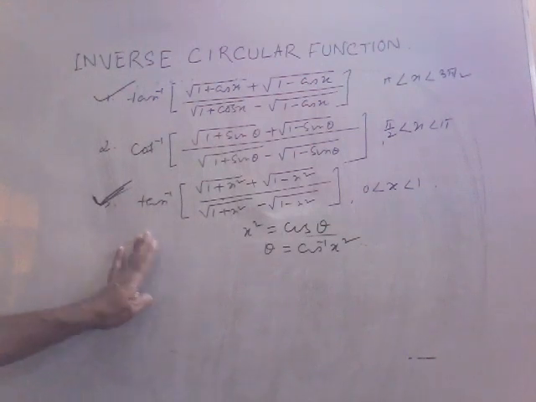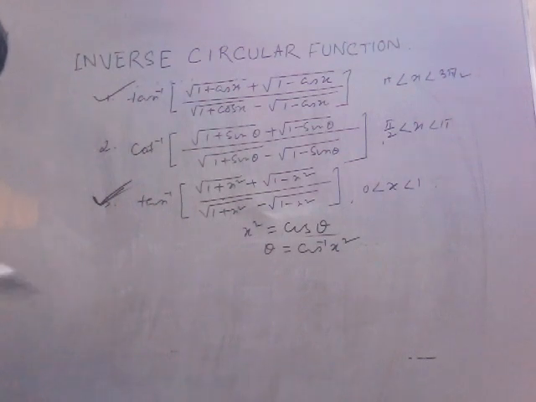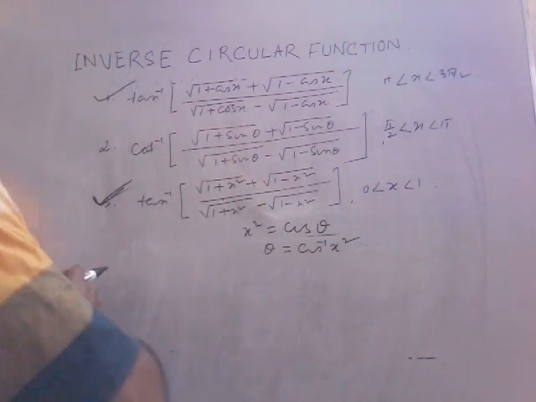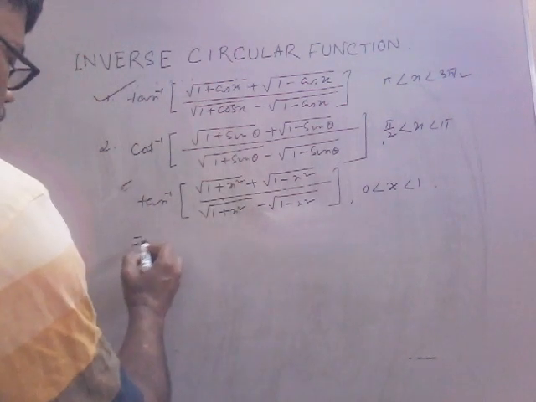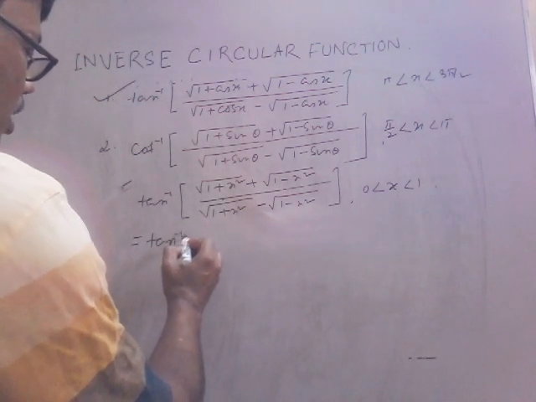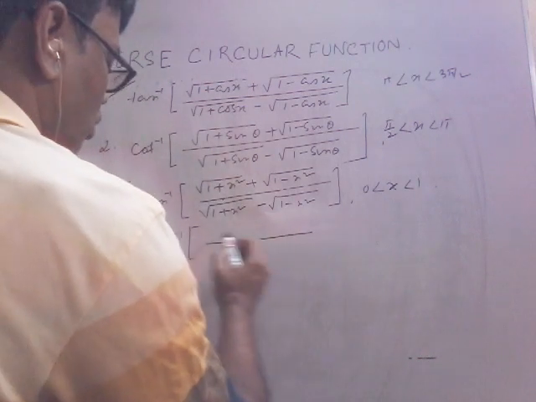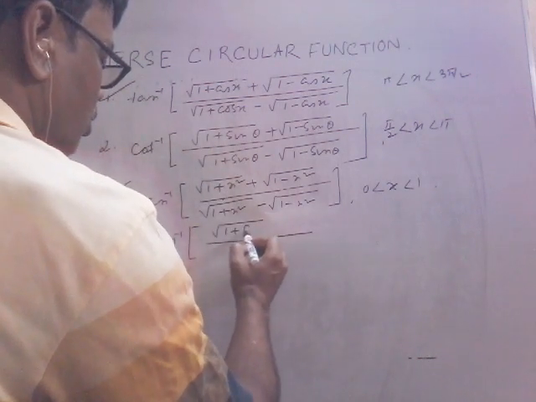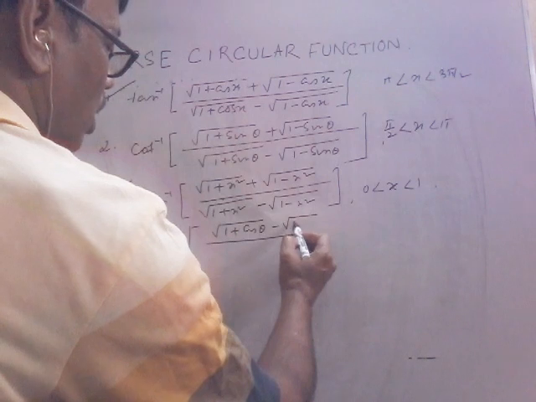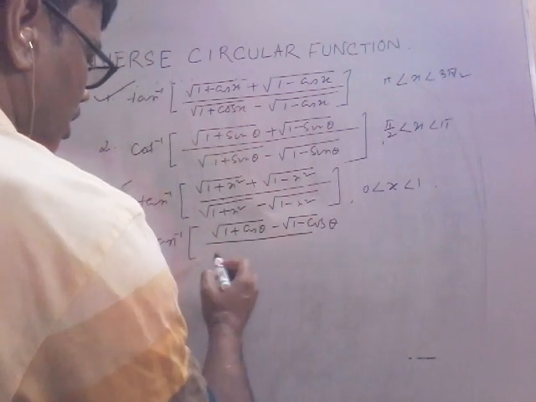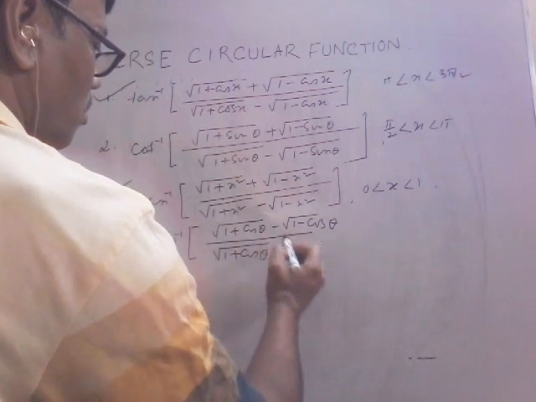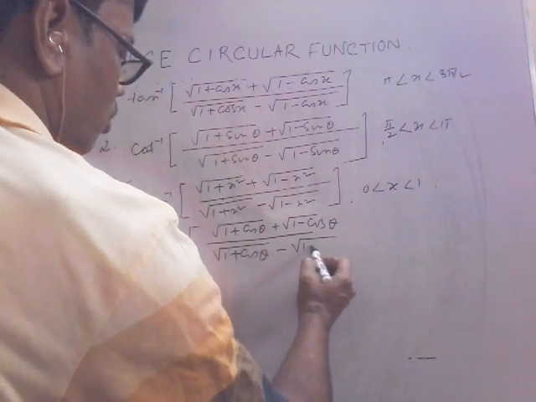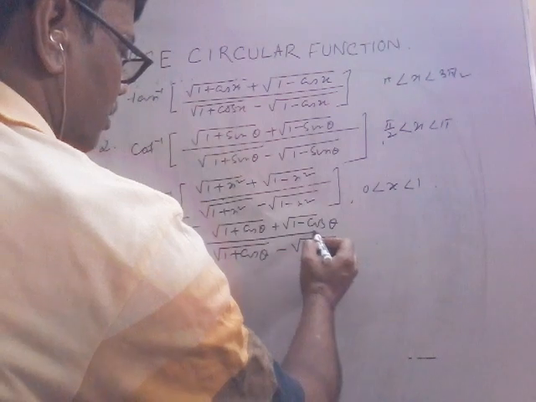Now, put the value of x square. So if we put the value of x square, what are we getting? This one is tan inverse of root over 1 plus cos theta plus root over 1 minus cos theta, divided by root over 1 plus cos theta minus root over 1 minus cos theta.